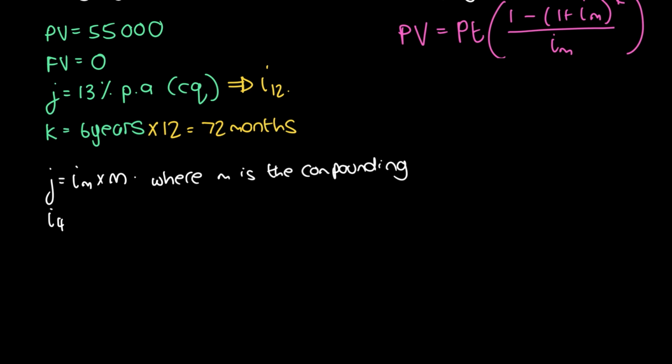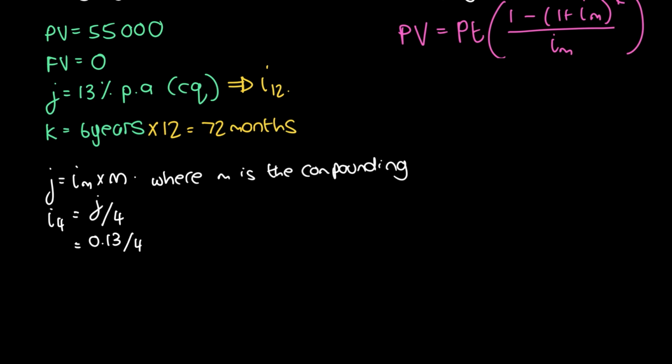We're going to find I4. So I4 is equal to J divided by 4, which is equal to 0.13 divided by 4. Why is it 0.13? It's 0.13 because in our formulas, we don't use the percentage as percent. We will be converting it to decimal fraction notation to use in our formula. That's why we have the 0.13 there.